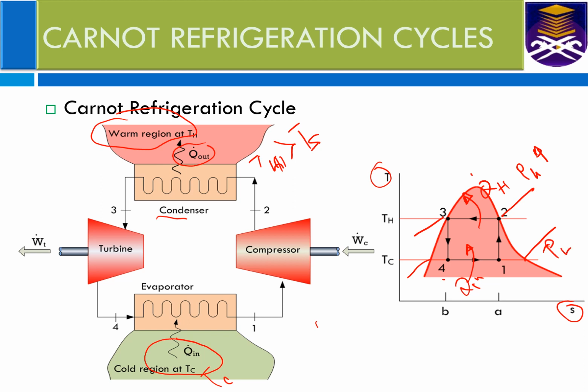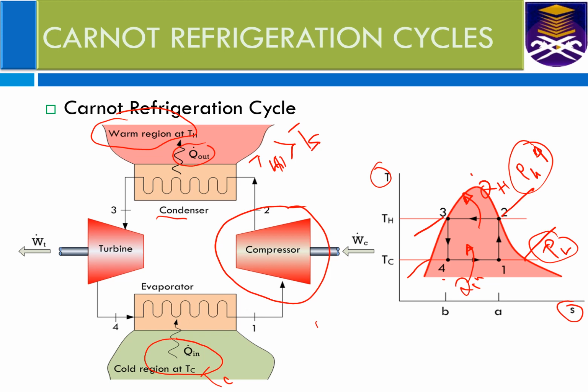In order to increase the pressure from the evaporator pressure to the condenser pressure, so that the condenser can reject heat to the surroundings, a compressor is used to compress the working fluid from PL to PH, from the operating pressure of the evaporator to the operating pressure of the condenser.